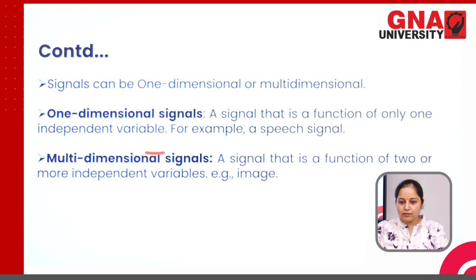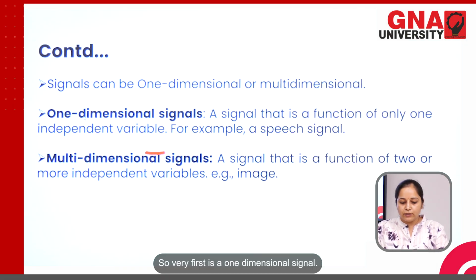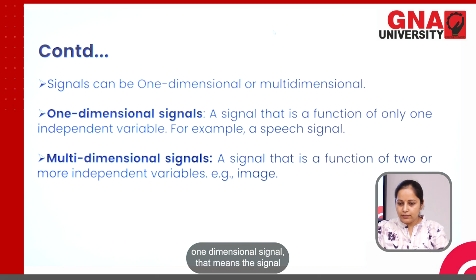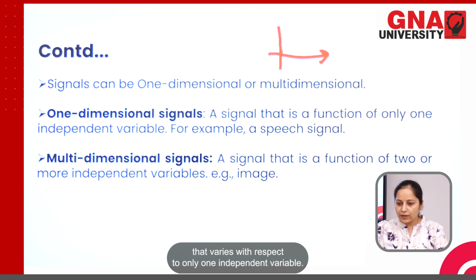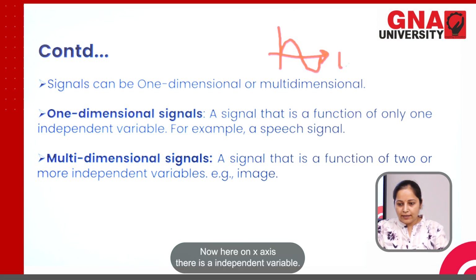Now next, there are two types of signals, one-dimensional and multi-dimensional. The very first is the one-dimensional signal, that means a signal that varies with respect to only one independent variable. Here on the x-axis the independent variable is time.